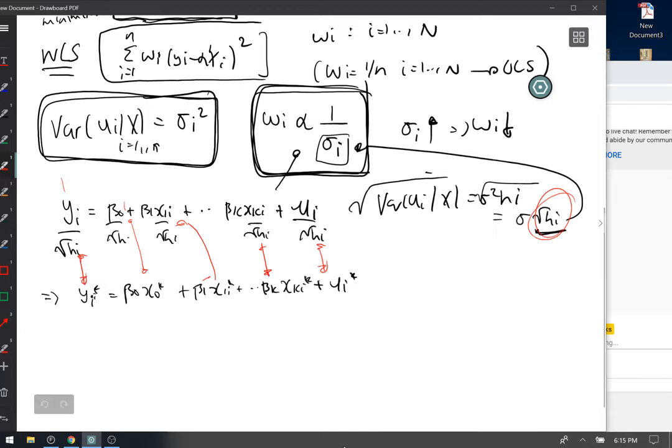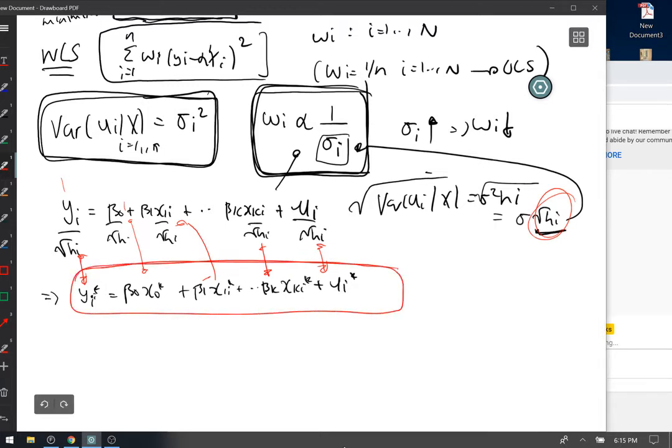So therefore we can construct this new regression, and assuming all of the other Gauss-Markov conditions hold, remember the key thing for unbiasedness is that the expectation of ui star, the new variable in our regression, satisfies the zero conditional mean. Well, we can verify that.